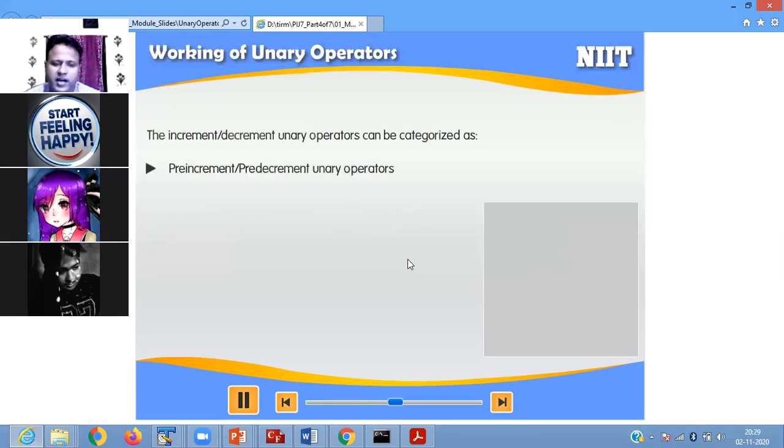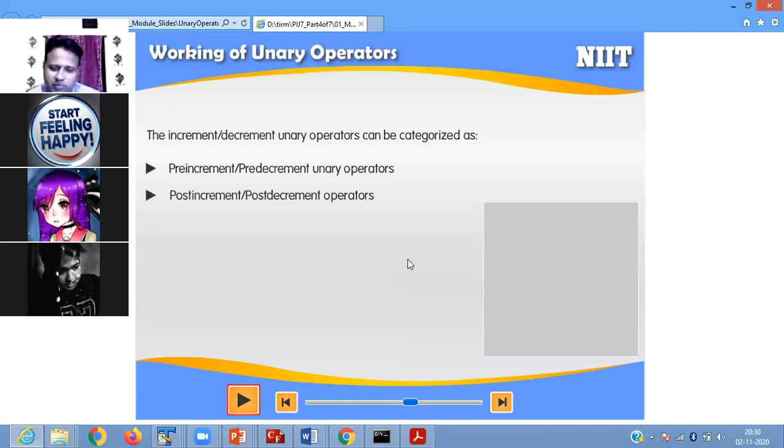The increment and decrement unary operators can be categorized as pre-increment and decrement unary operators, and post-increment and decrement operators. Pre-increment means if you write plus plus x, that is pre-increment.